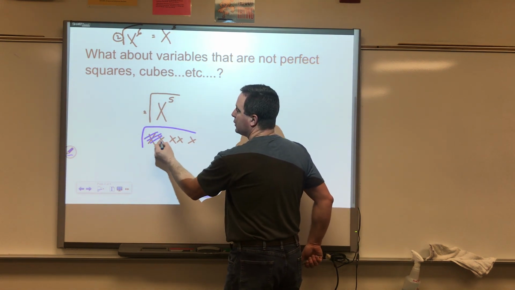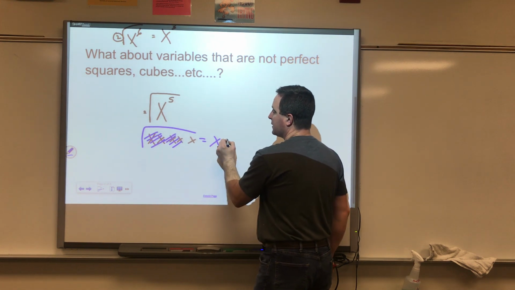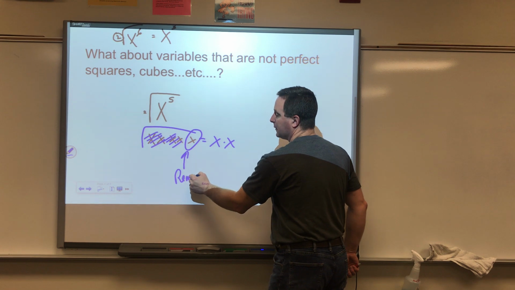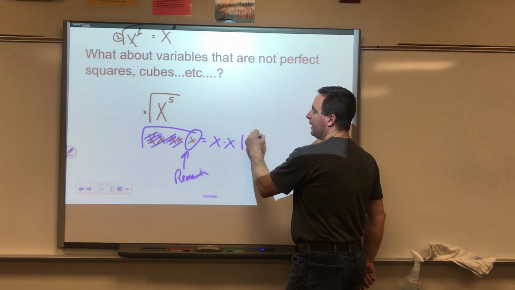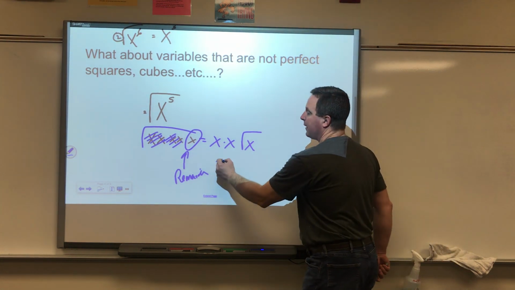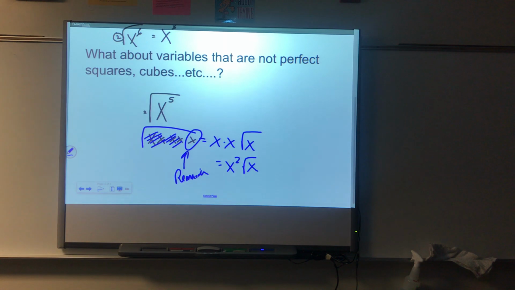Well, every 2 turn into a big X. That turns into a big X. And then there's one left over, and this is my remainder. And that little guy has to stay under the radical. So what this simplifies to is x squared with the square root of x.